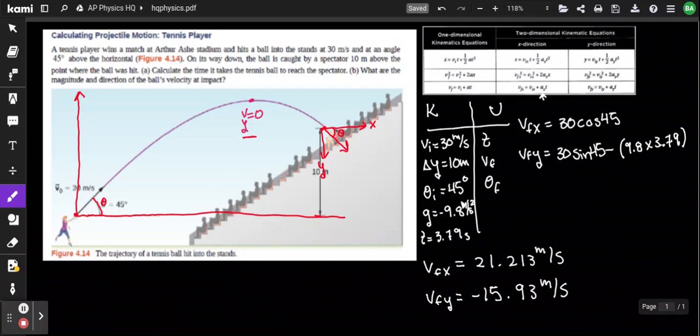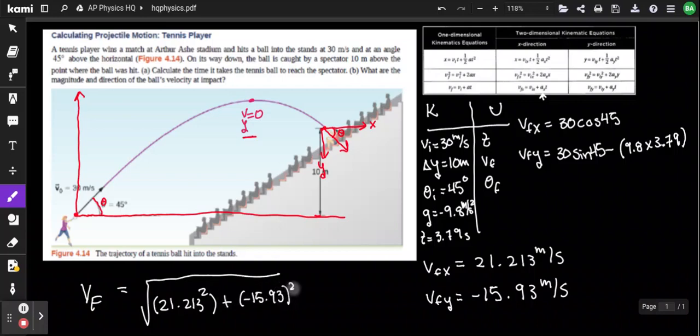In order to find the final velocity, we have to use the Pythagorean theorem, which is the square root of 21.213 squared plus negative 15.93 squared.